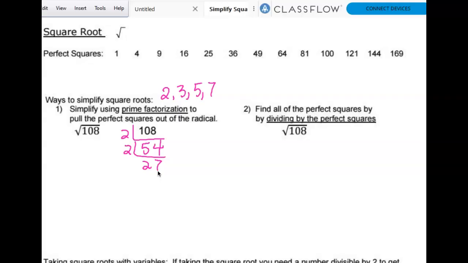No, so I'm going to switch to 3. And what can I divide 9 by? 3. Do you see how I end up down here on the bottom with a prime number? That means we're done. Okay? So now, do you see the outside part? Those are the numbers that if I multiplied together, they would equal 108.